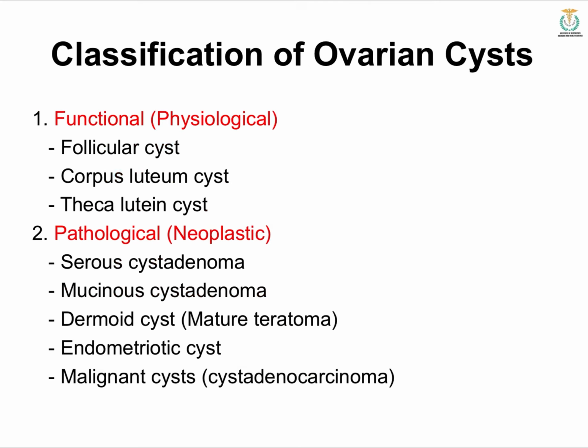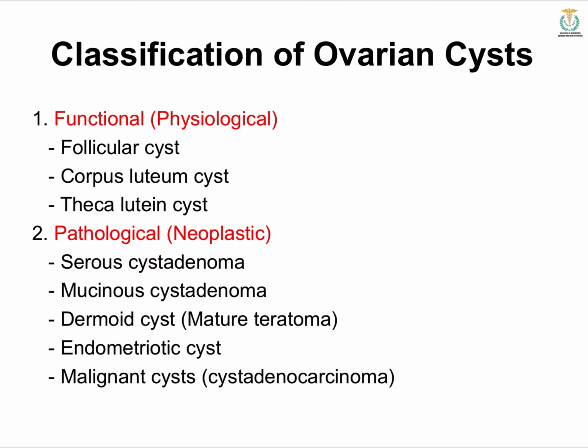Then there are benign neoplastic cysts, under which we'll see serous cystadenoma, mucinous cystadenoma, dermoid cyst, that is mature teratoma, and endometriotic cyst. The last one is malignant cyst, under which we'll see serous cystadenocarcinoma or mucinous cystadenocarcinoma.